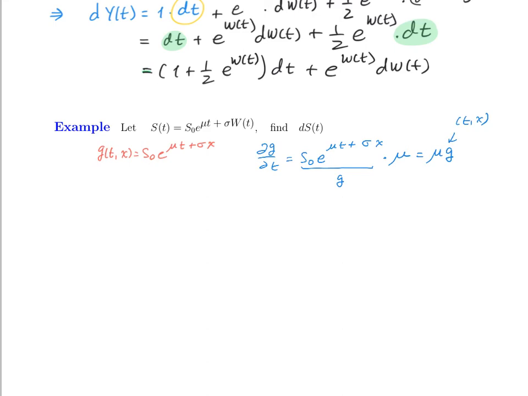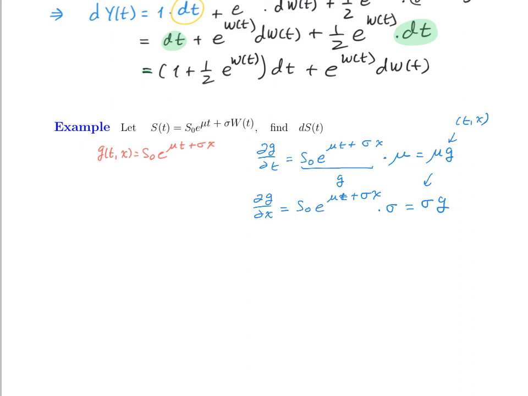Right, so doing the same thing again, the partial derivative of g with respect to x is going to be, again, S0 e to the (mu t plus sigma x) times the derivative with respect to x, which is just going to be sigma. And by the same logic as this one, you'll end up with sigma g.